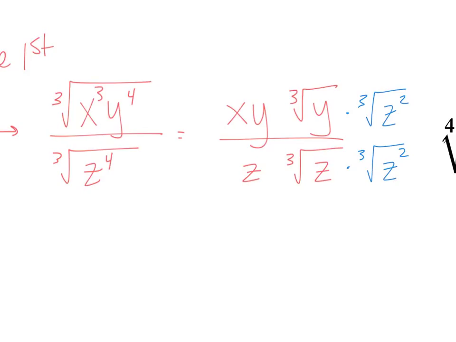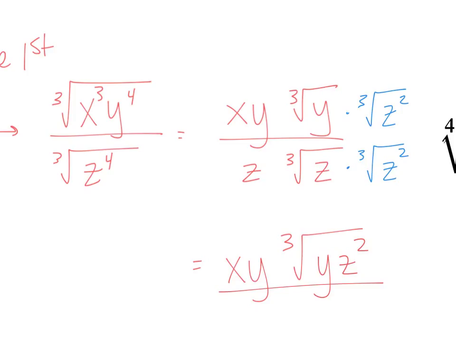So in the numerator, what I'm going to have then is x and y on the outside, and on the inside of the cube root, I can combine the y and the z squared, because they're the same radical, so you can shove them under the same radical. And in the denominator, I have this z, and I have another group of 3 radical z.